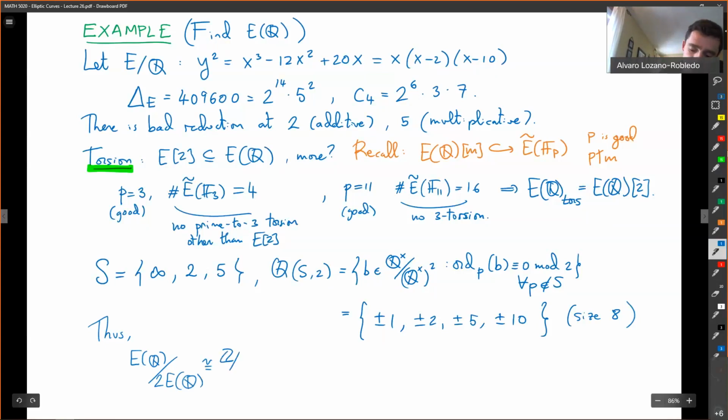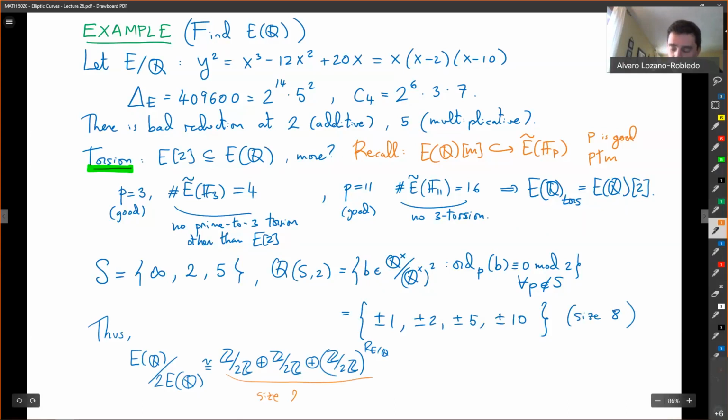So I get 2 copies of Z mod 2 coming from the quotient of 2 torsion modulo 0, times copies of Z mod 2 to the rank. So the size of this is 2 to the R plus 2, where R is the rank, okay?